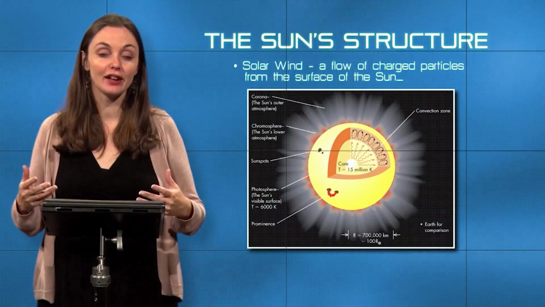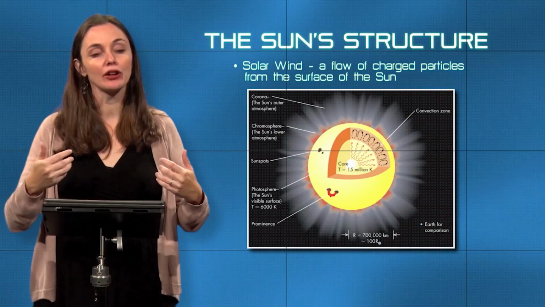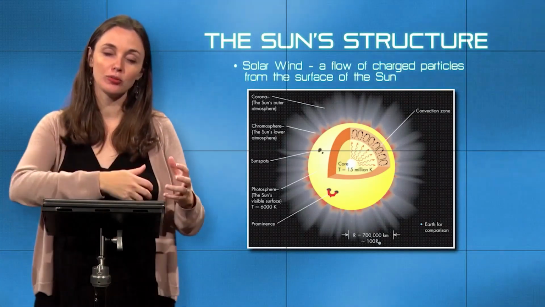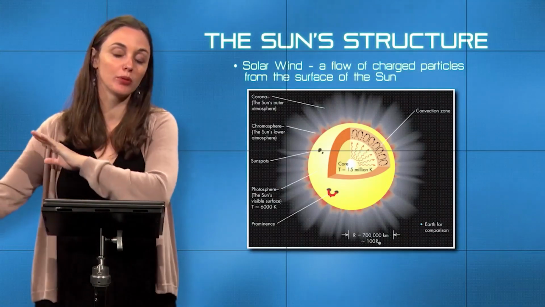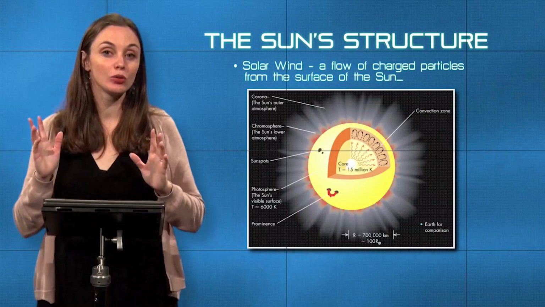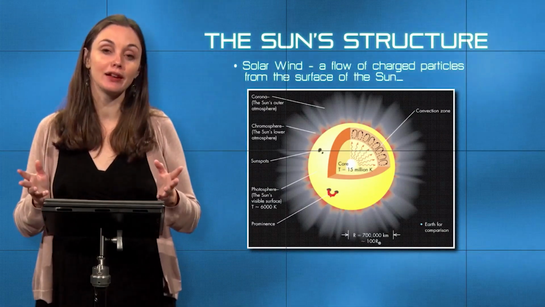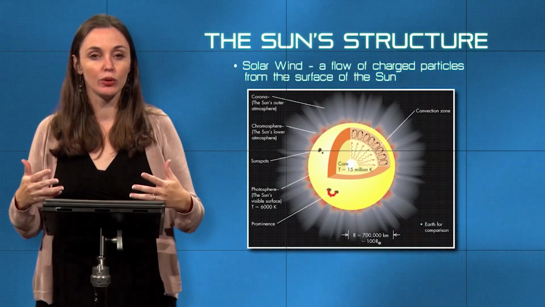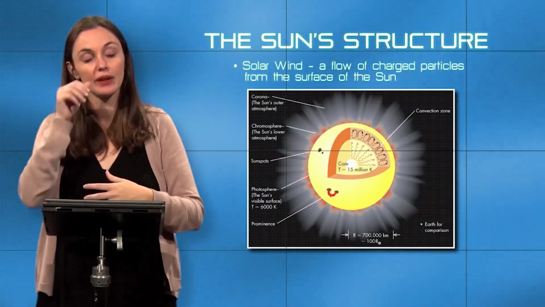Given free access to the atmosphere of a planet, these charged particles would actually be capable of stripping away a planet's atmosphere. Those charged particles could attach themselves to gas molecules and just remove them from a planet's atmosphere. We think that's what happened to Mars. Mars, having lost its magnetic field billions of years ago, allowed the solar wind free access to its atmosphere, and that atmosphere was slowly stripped away.